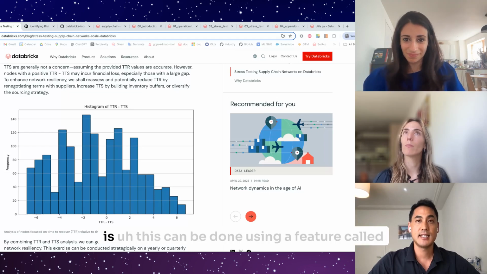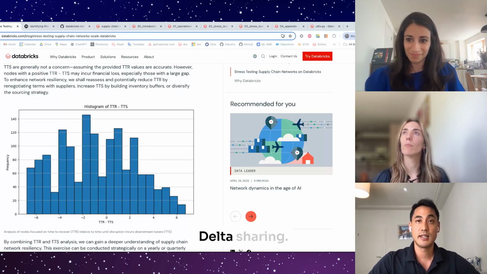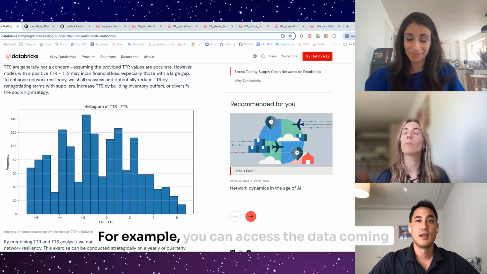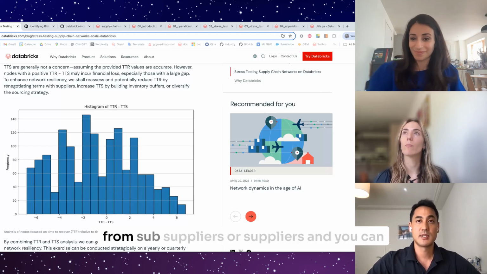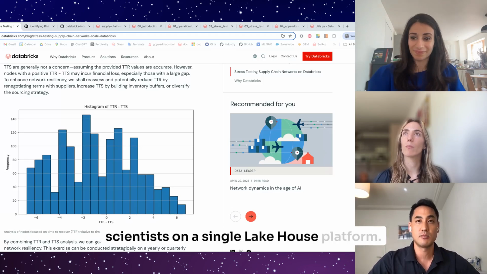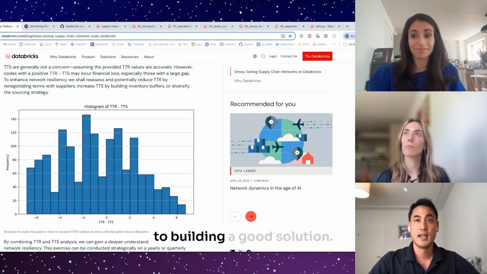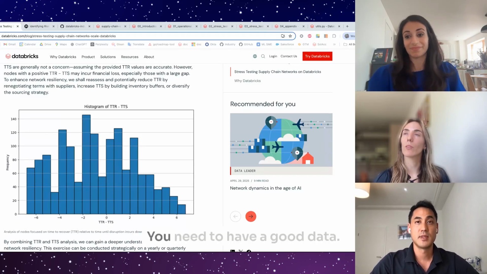On Databricks, this can be done using a feature called Delta Sharing, for example. You can access the data coming from sub-suppliers or suppliers, and you can work together with your data engineers, data scientists on a single lakehouse platform. So integrating data becomes easy because that's the key to building a good solution. You need to have good data.